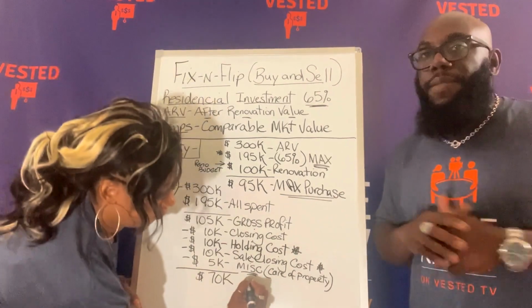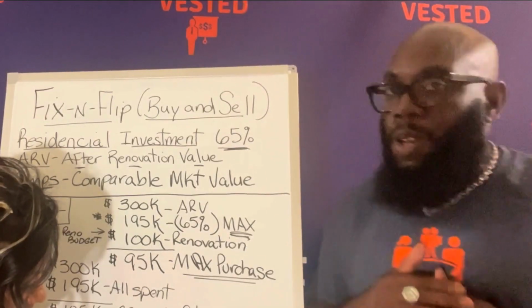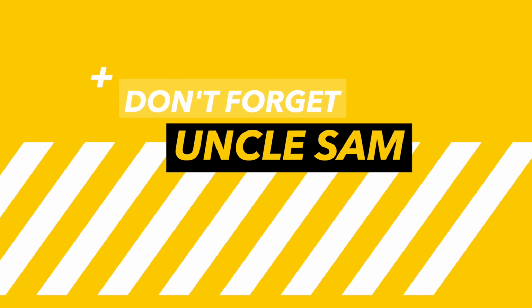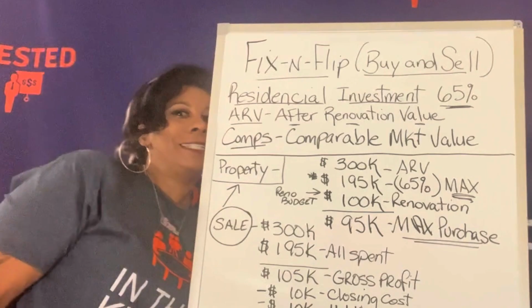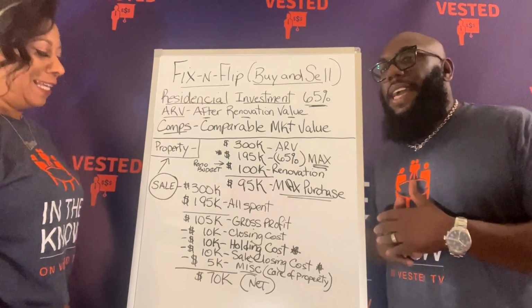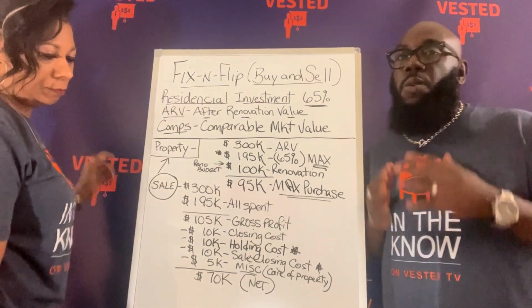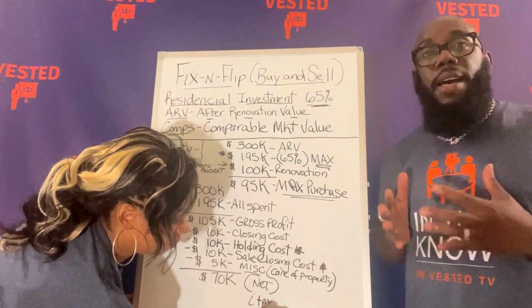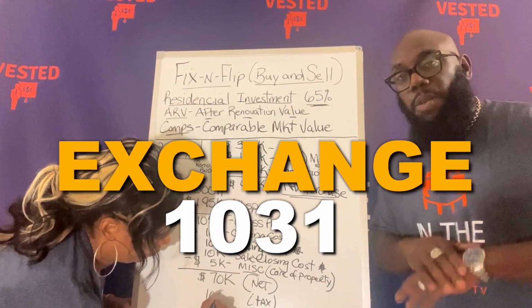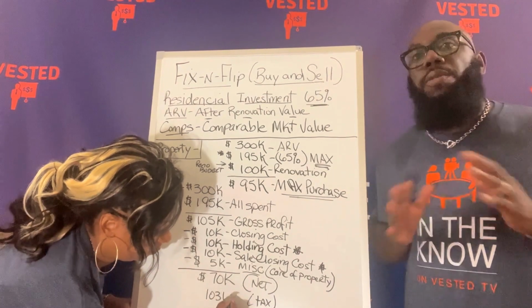So now you got $70K and you like, oh, we rolling, but don't forget Uncle Sam. Don't forget your tax. He's lurking, he's like, what you selling? So you will have a capital gains tax. Okay. And there is a way to defer that tax. It's called a 1031 exchange, which we'll get into in a different video.